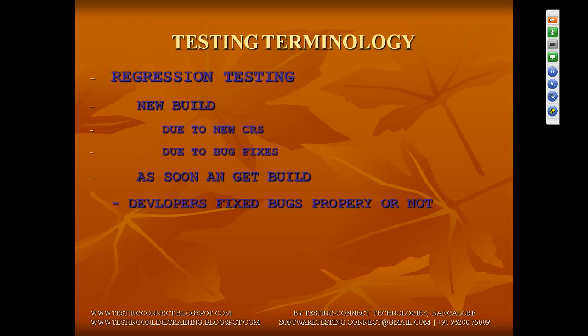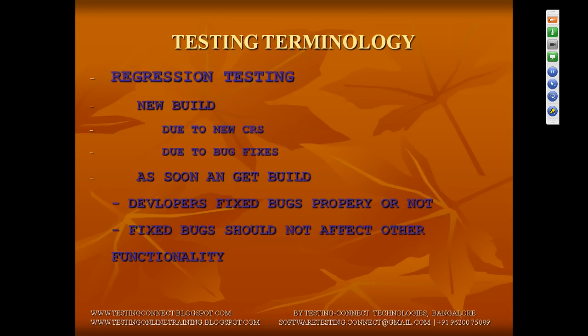Say you got a fever, you go to the doctor, he gave you some medicines, the fever came down, but you are getting side effects like body pains or something like that. It should not happen like that, right? So whenever a developer is going to change, either fixing the bugs or a change request, he is changing the existing code.